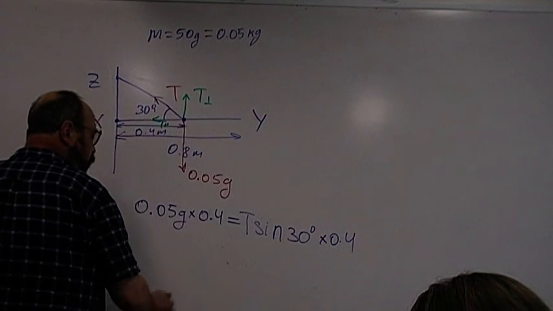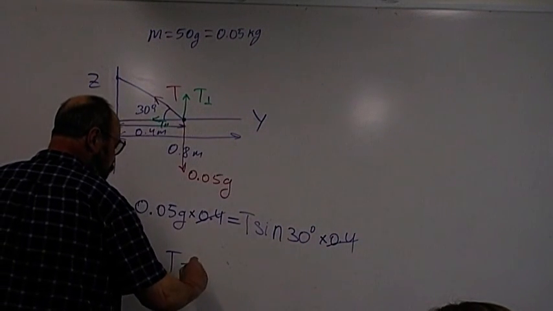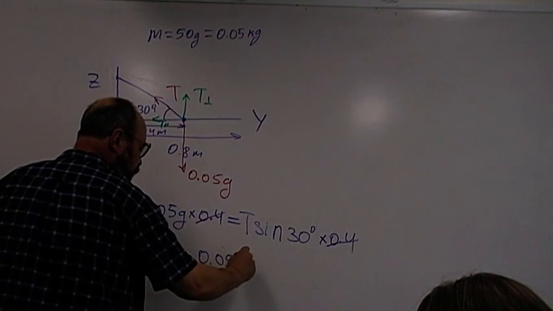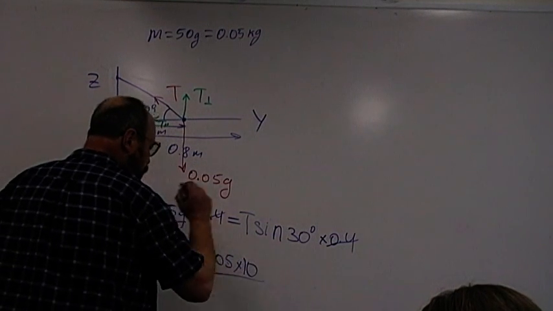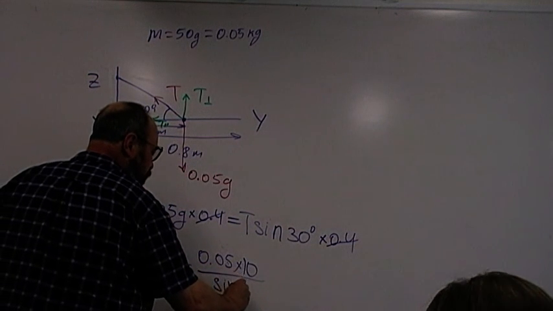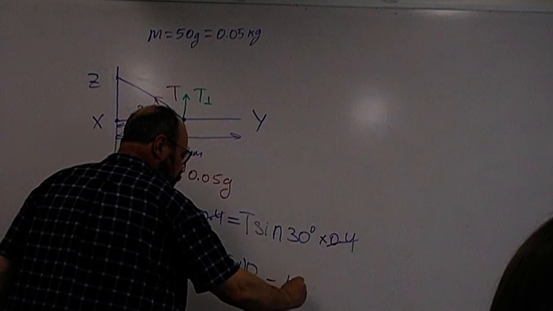So 0.4 cancels out, and we have the tension equal to 0.05 times, again for simplicity's sake, g as 10, divided by sine 30, and that will be equal to 1 newton.